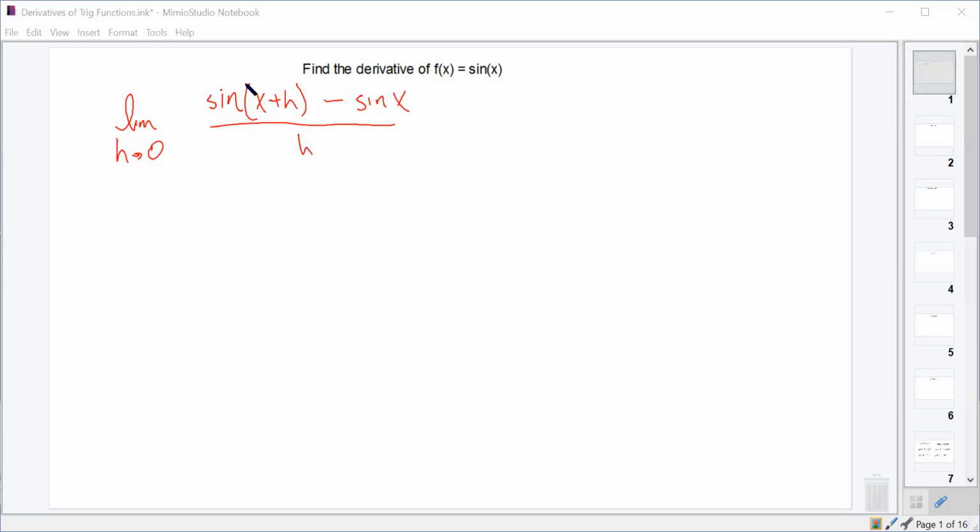So the formula for sine of x plus h is the sine of the first term, sine x, times the cosine of the second term, plus the cosine of the first term times the sine of the second term.